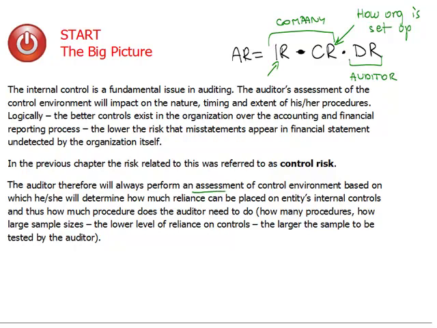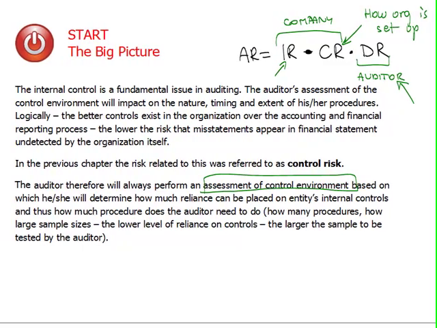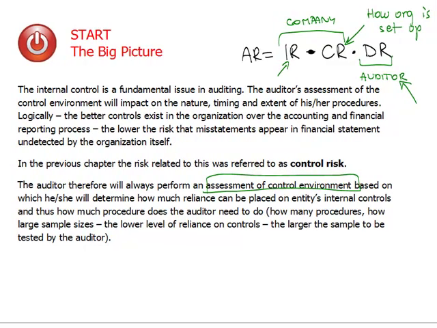The auditor will need to assess the control environment, perform certain procedures to determine whether internal controls are strong and therefore control risk is low, or whether internal controls are weak and therefore control risk will be high. Based on this, the auditor will decide on their procedures to reduce the detection risk.